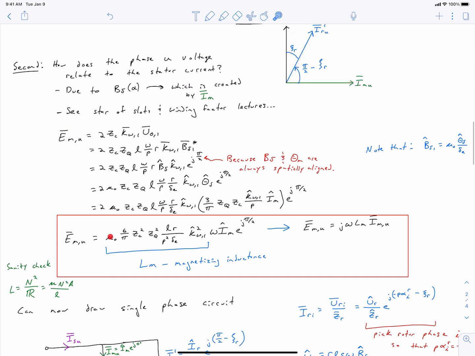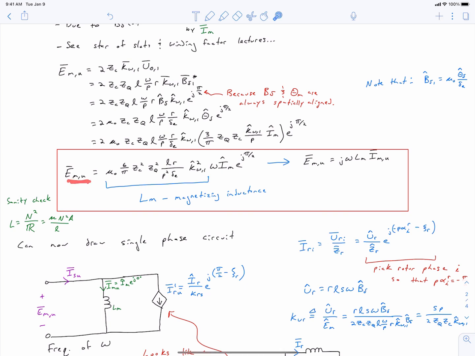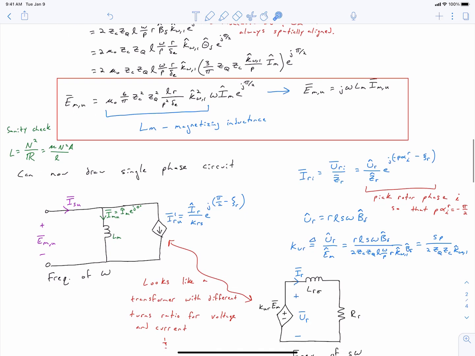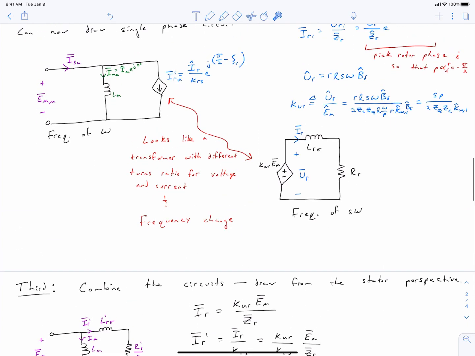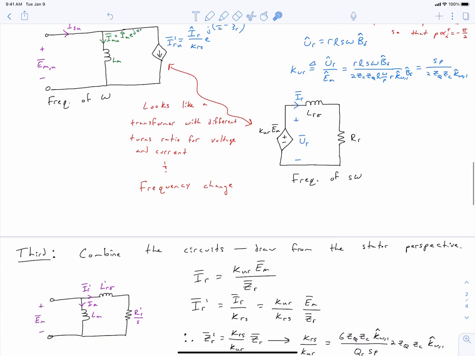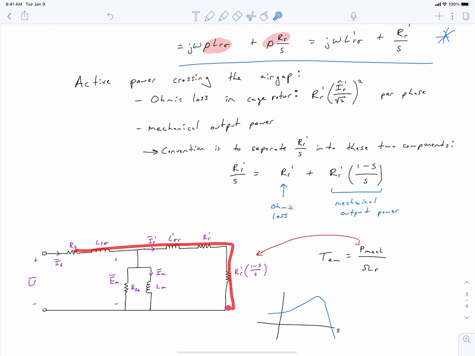And then we derived the magnetizing inductance of the machine along the way in order to get an expression for our EMF across the terminals of our machine, across our magnetizing terminals. And then we developed this via something along the lines of a transformer analogy. So we've come up with equivalent circuits that were coupled via dependent sources, and then we took those dependent sources and we were able to come up with a single equivalent circuit in the end.